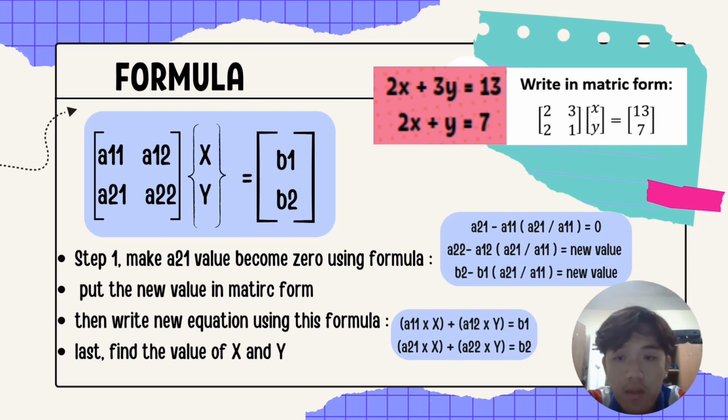Then put the new values in matrix form. Then write the new equations using this formula: a11 times x plus a12 times y equals b1, and a21 times x plus a22 times y equals b2. And lastly, find the values of x and y.